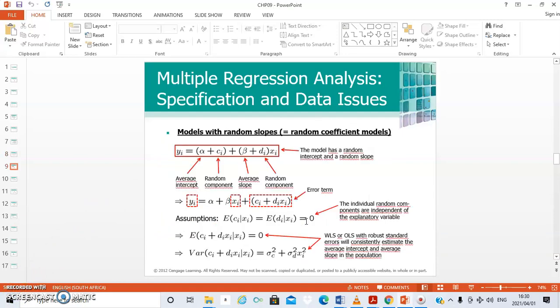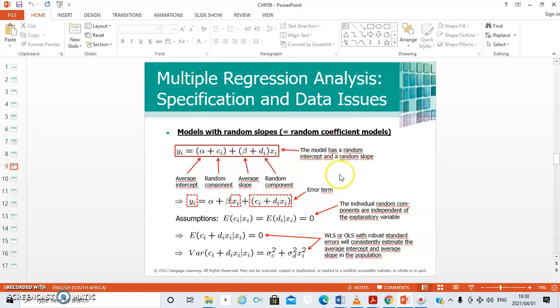Okay, so then lastly, let us look at models with random slopes, or what we refer to as the random coefficient model. If we consider this model, what you have here is yi as a function of alpha plus ci, which is your average intercept and the random component, plus b, your average slope, and then your random component, times xi.